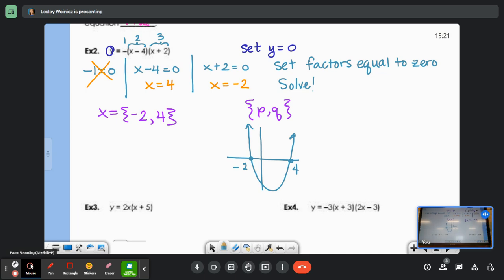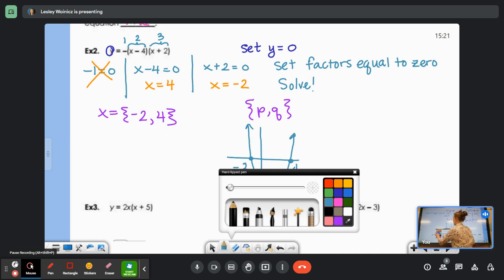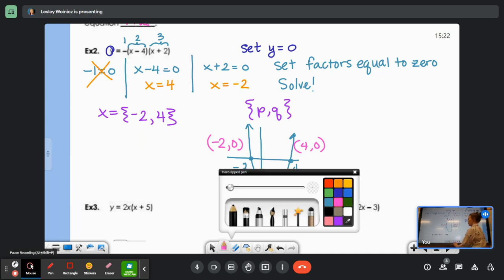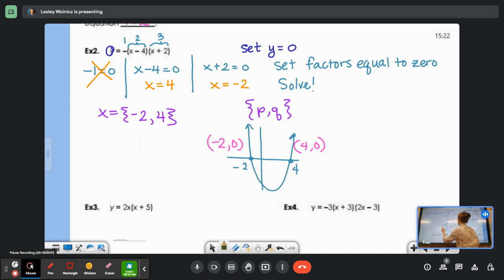That's where I'm hitting the x-axis. So my x-intercepts should be -2, 0, and 4, 0. Everybody understanding what's happening? Now we can check our work really easily by plugging them in and testing them.